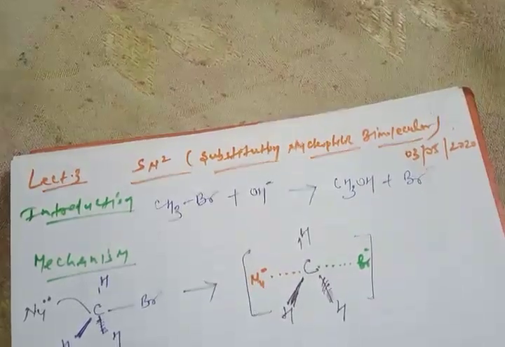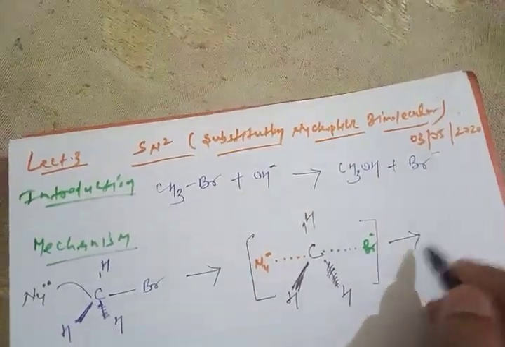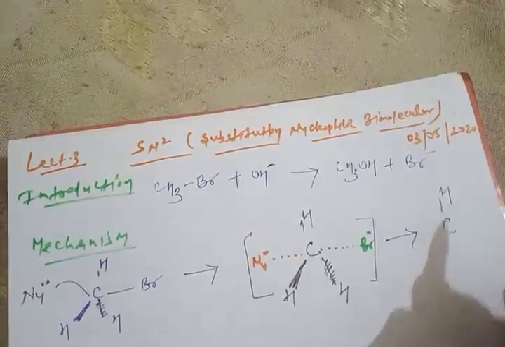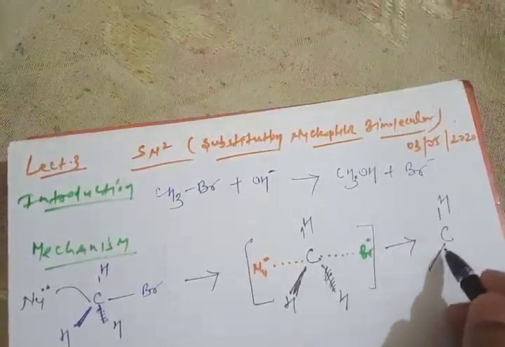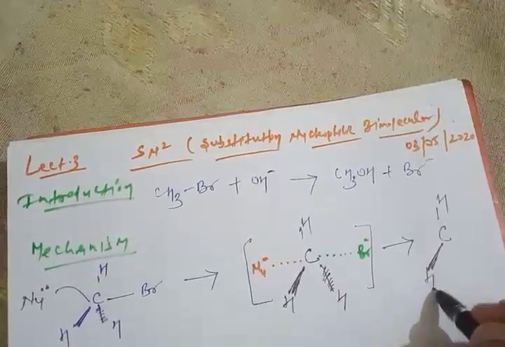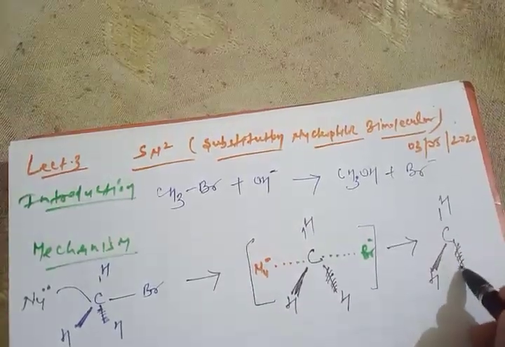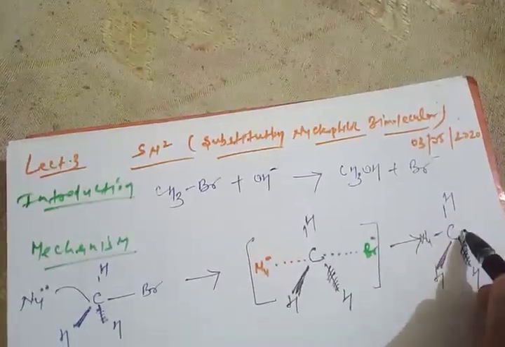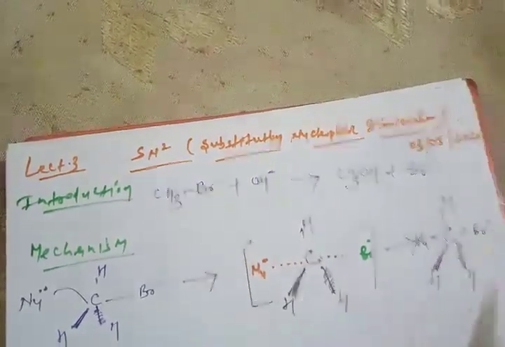In the final product we have a carbon with three hydrogens, and this is the nucleophile plus Br negative.